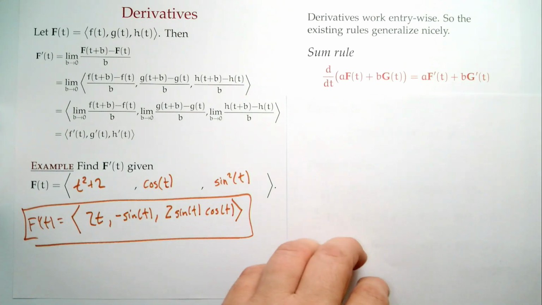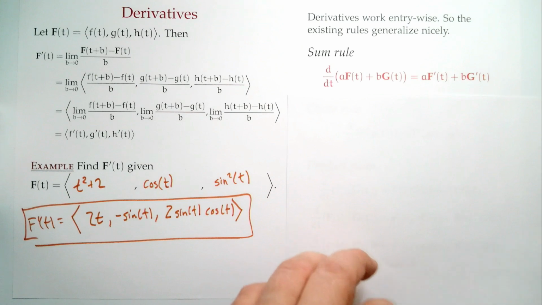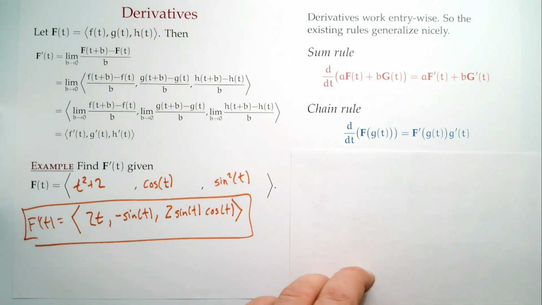All right. Well, another rule is the chain rule. So here, what do you have? You have to be a little bit careful, because when we think about the chain rule, it's not that you put a vector valued function into a vector valued function, because that usually doesn't make sense.